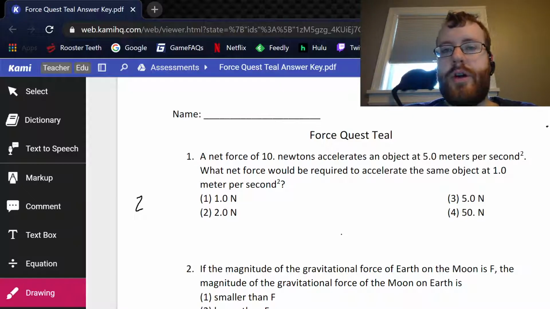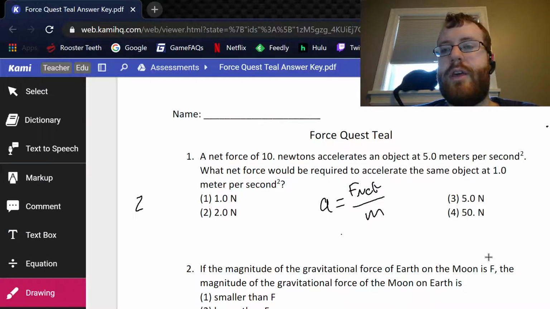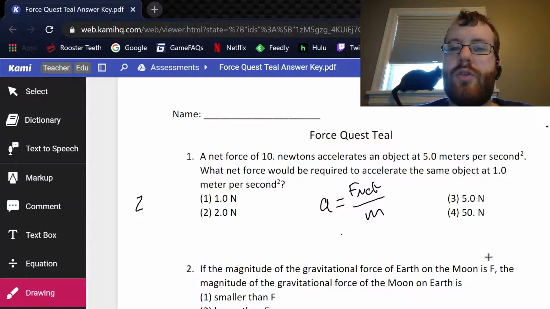So this first question is a fairly simple question using a equals F net over m. However, the slightly complicated bit is you actually have to do the same equation twice. Our first goal is to figure out the mass of the object, and our second goal is to use that mass to find the force that's needed.